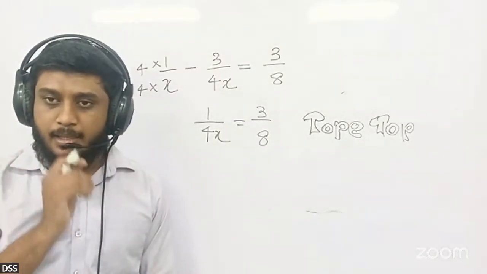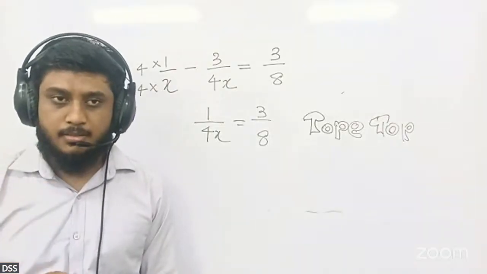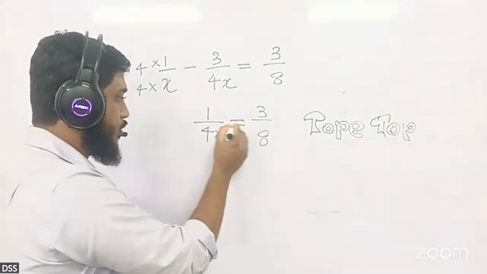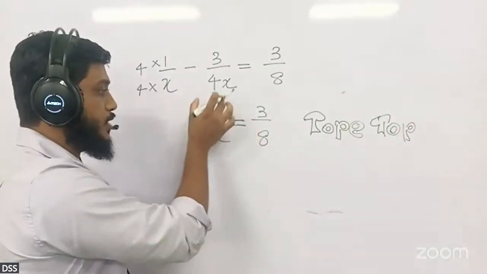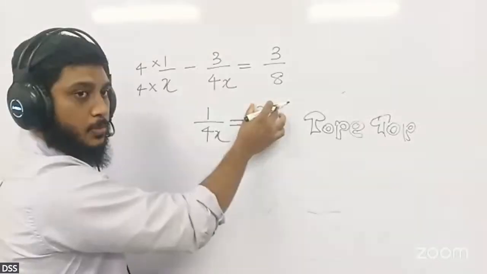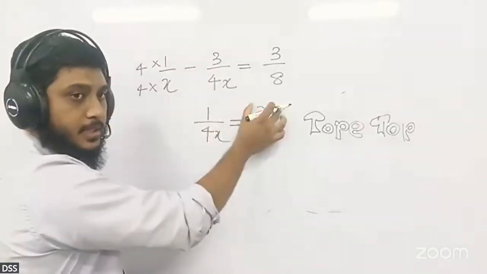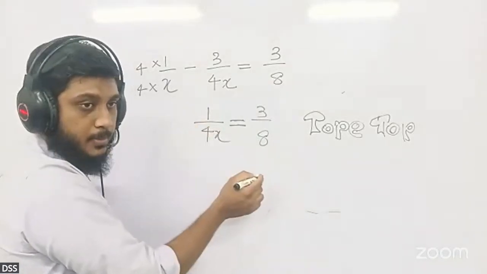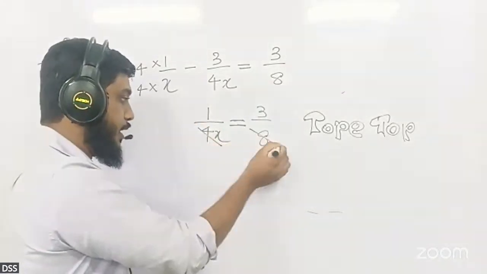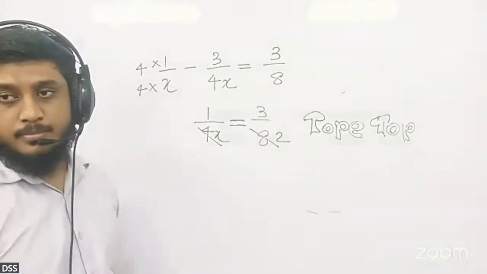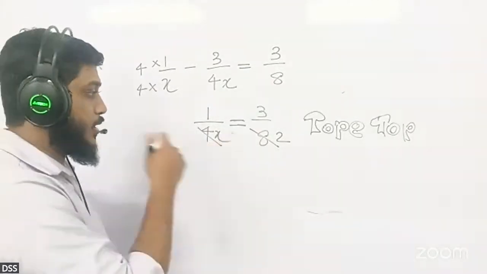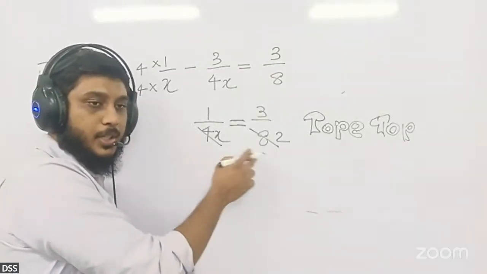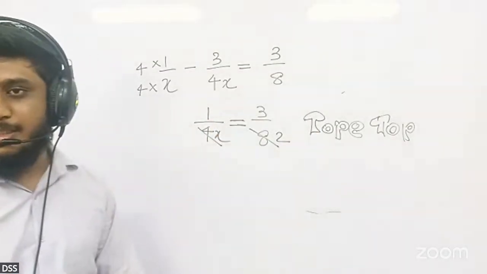Top means if they are only multiplication and division, you can cut the left side top to the right side top, and the left side bottom to the right side bottom, if it's simplifiable. So here you can cut 4 and 8 like this, and you can write 2 here. This is known as the top system. When cutting all the bottom numbers, don't say bottom. Top is enough.